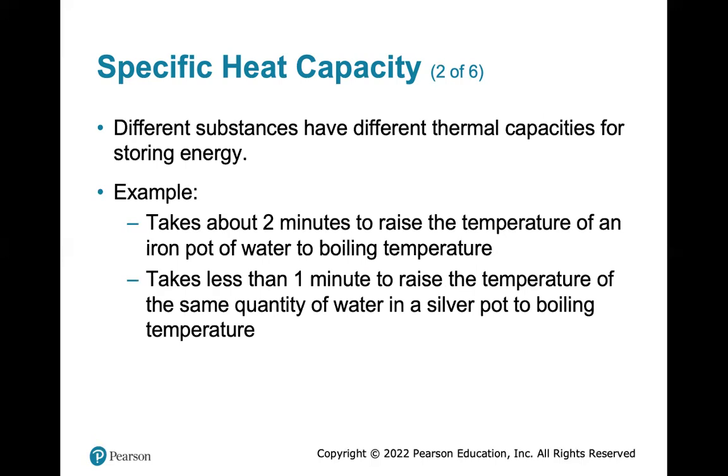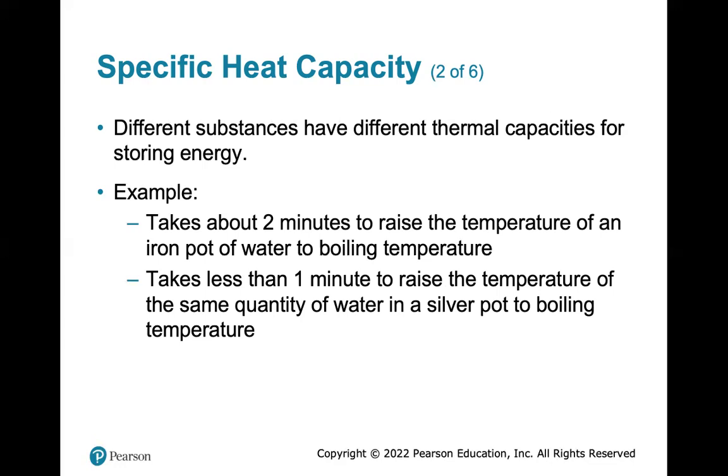These numbers are not important. They're not listed anywhere in your book, but I have a table here. So an iron pot of water has a specific heat of 460 joules per kilogram per degree Celsius.